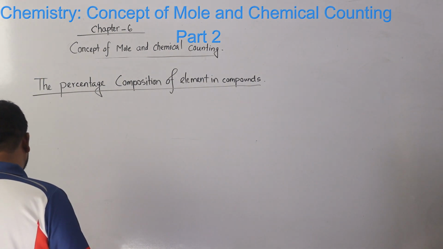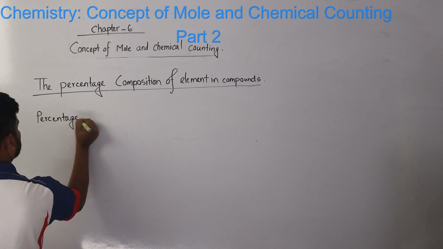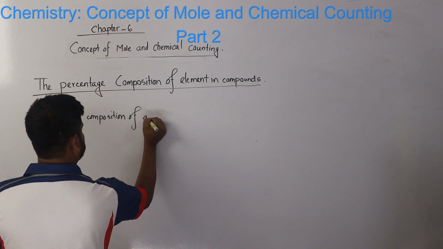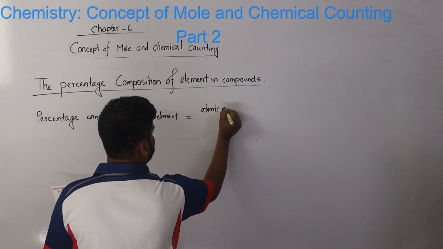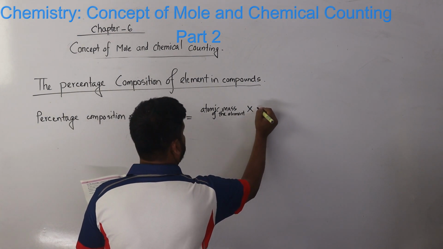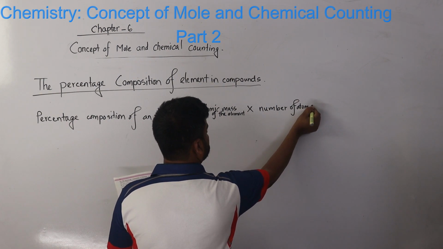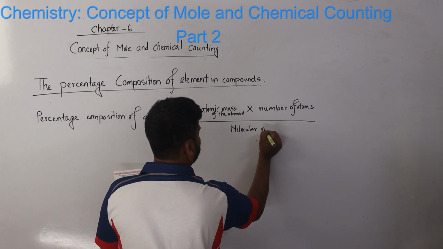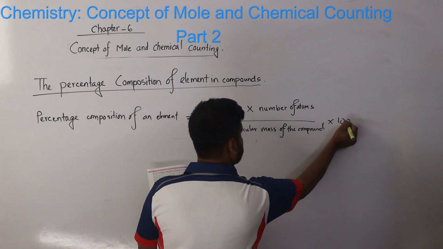The percentage composition of an element is equal to the atomic mass of the element, multiplied by the number of atoms, divided by the molecular mass of the compound, multiplied by 100%. This is the formula.